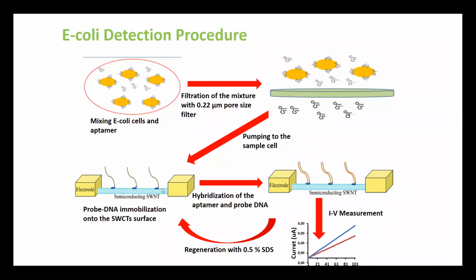They do not denature under any harsh conditions. Just a high pH or SDS cleaves this hybridization. They don't denature the surface. So we regenerate the surface and use the same surface even up to 100 times. So this is our detection procedure.